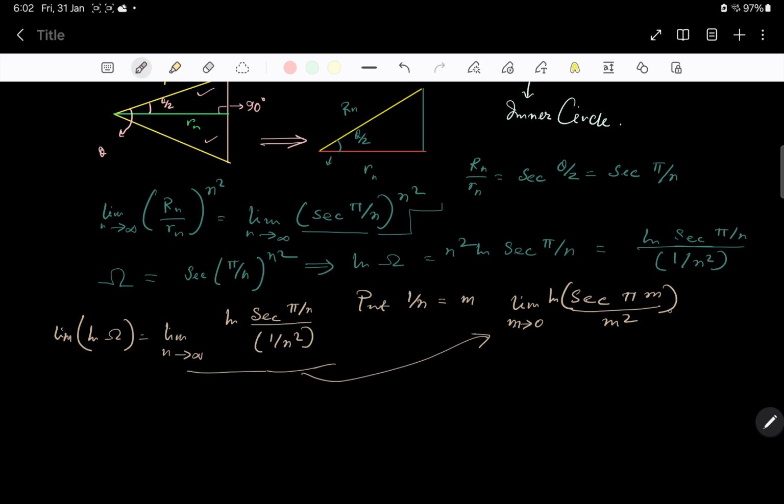Now observe that both the terms, the numerator and the denominator, are tending to 0 as m goes to 0. So here we will apply L'Hopital's rule. We will differentiate both the numerator and the denominator.